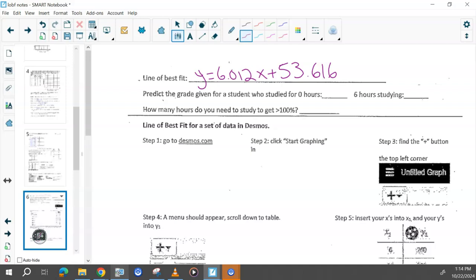Y. So we're looking for y. We have x. So algebraically, you can put 0 in for x and solve this. Just like our function notation, we would put 0 in, and then our answer would be 53.616.